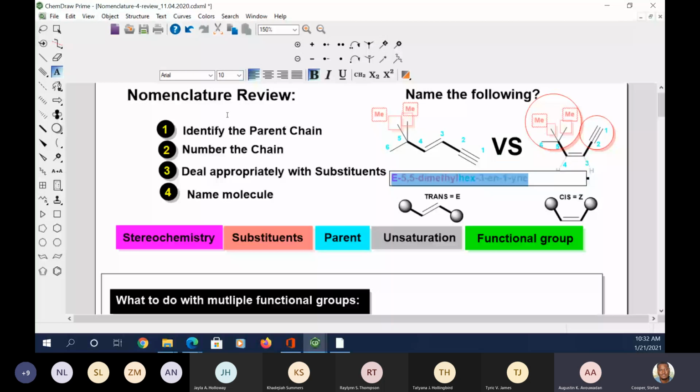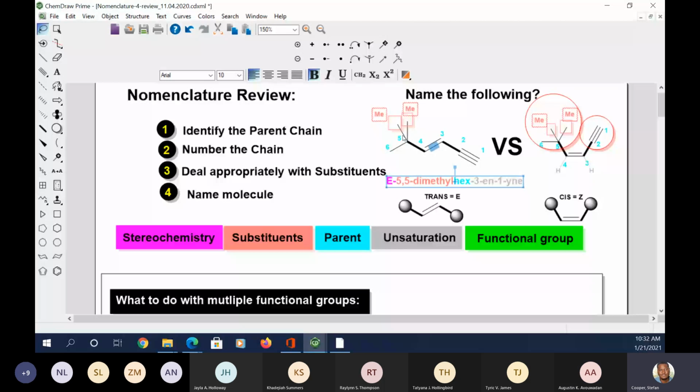Why is that triple bond the only functional group? Well, it's a triple bond and a double bond. Because the functional groups for nomenclature are either alkane or alkyne, or something else, which is alcohol, aldehyde, ketone, carboxylic acid, ester. So there's no alcohol here.